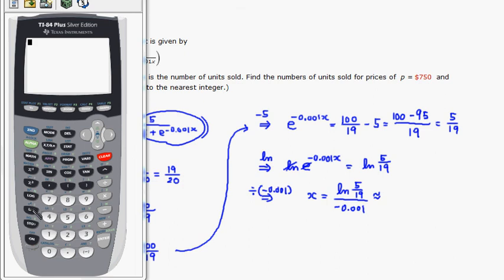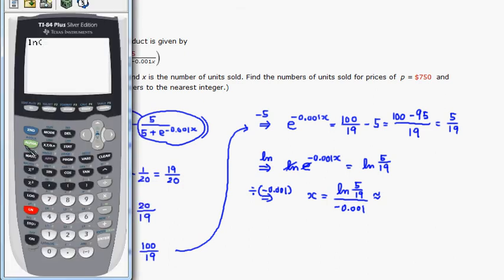Let's compute this value. Let's type in the natural log of 5 over 19, divided by negative 0.001. It came out to be about 1,335.